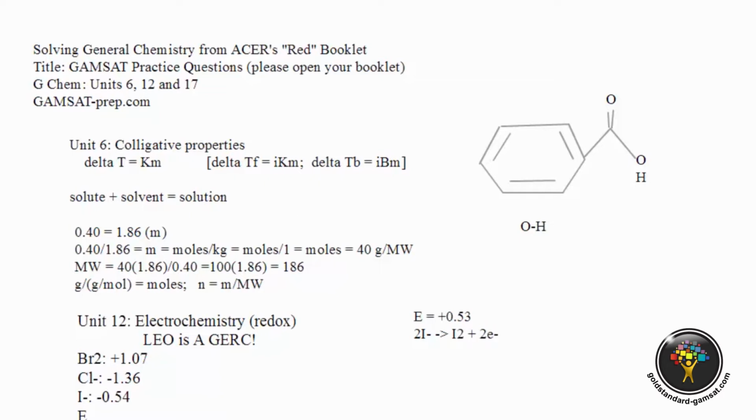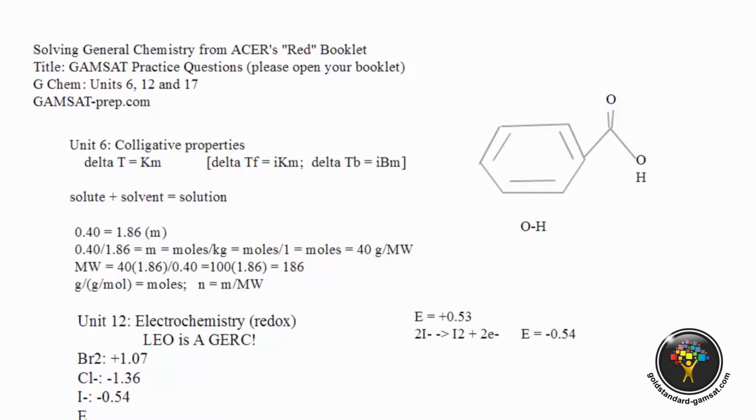And so this E value ends up being minus 0.54. Because when you switch the direction of the reaction, you change the E0 value from plus to negative. It's the same thing as enthalpy, which is delta H, is that you change from plus or negative when you change the direction of the reaction. So that's what we've done here.